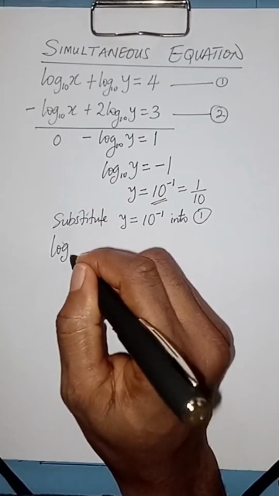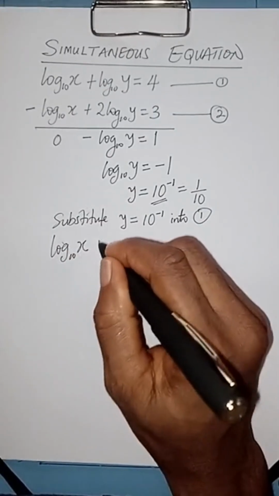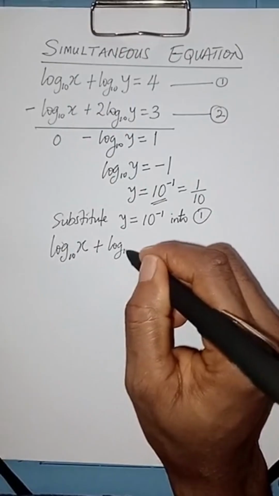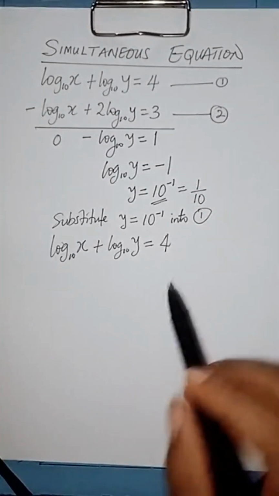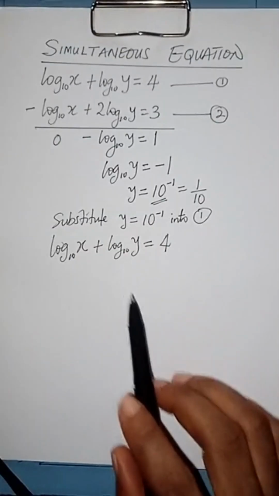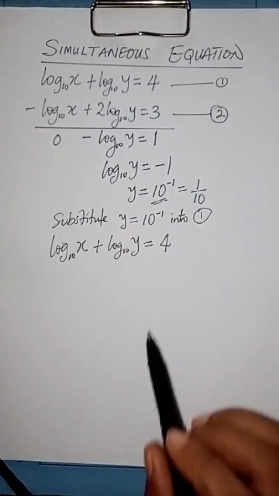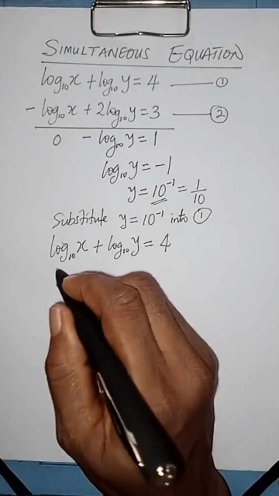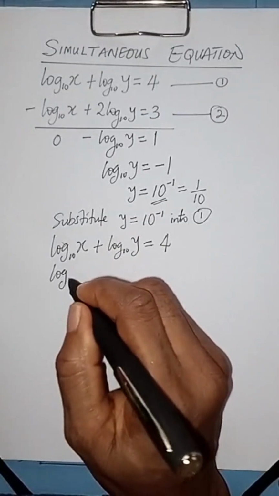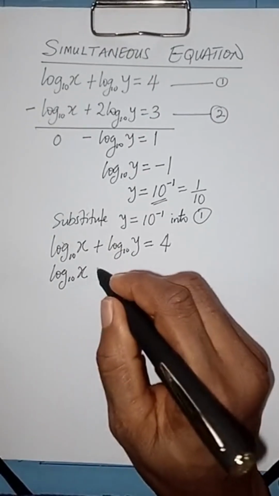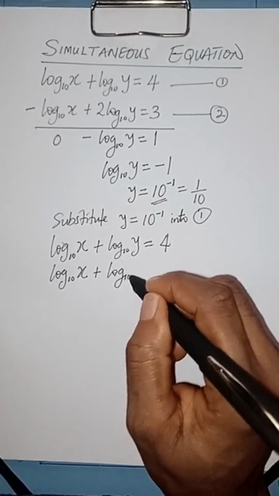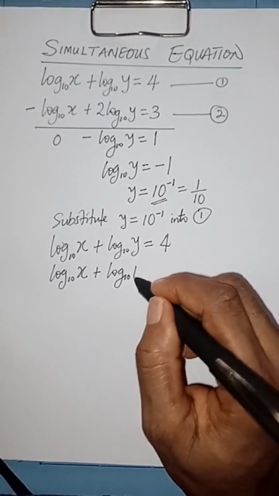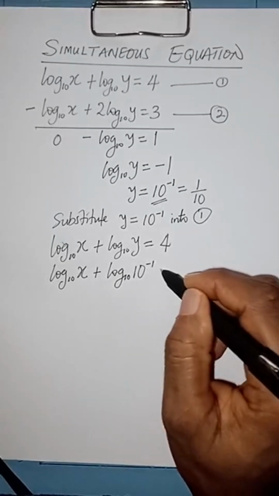This is log x to base 10 plus log y to base 10 equal to 4. I've gotten the value for y, so I'm going to replace y with 10 raised to the power minus 1. So I'm going to have log x to the base 10 plus log, in place of y now, I'll put 10 raised to the power minus 1, equal to 4.